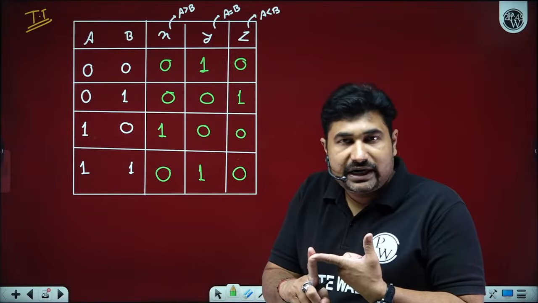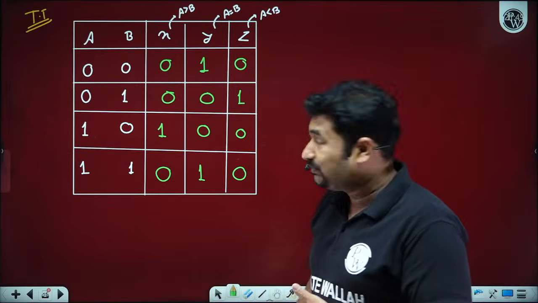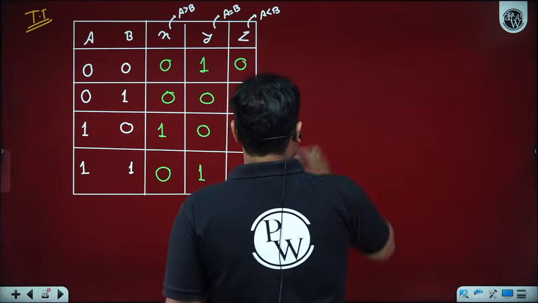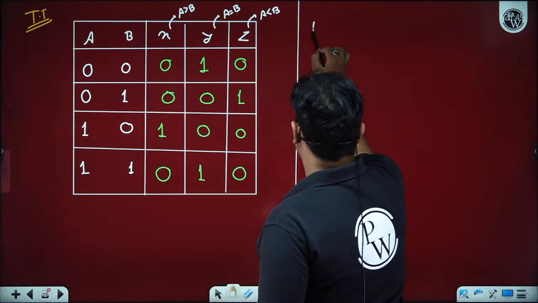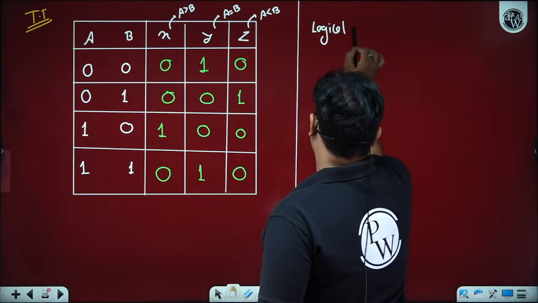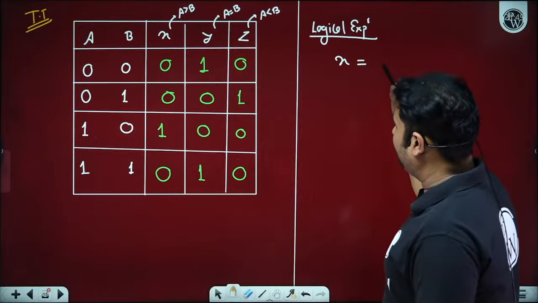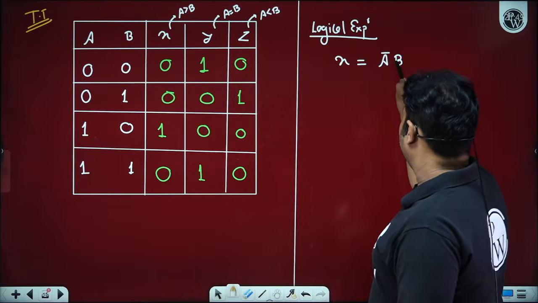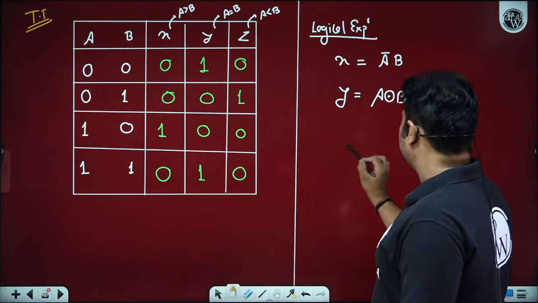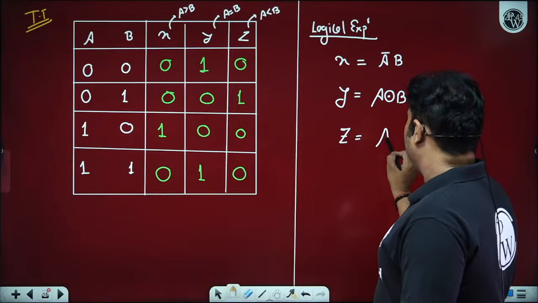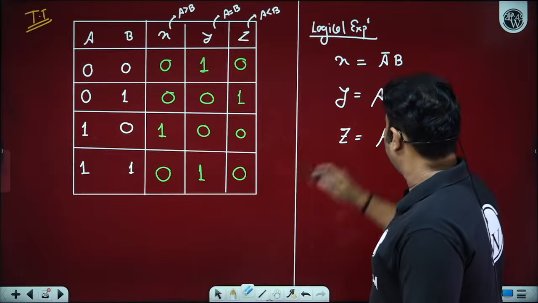First of all, we have to identify the input-output relationship. Next is to construct the truth table. Next is to write the logical expression. So what is the logical expression? Can you please tell me the logical expression for X, beta ji? The logical expression for X will become A bar B. For Y it will become A XNOR B. And for Z it will become A B bar.